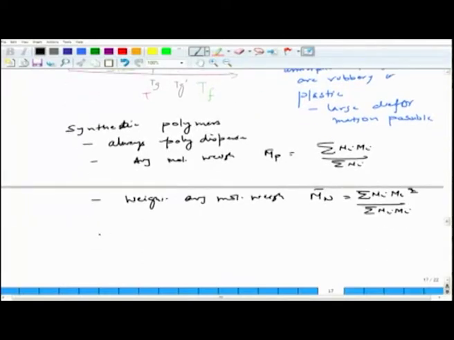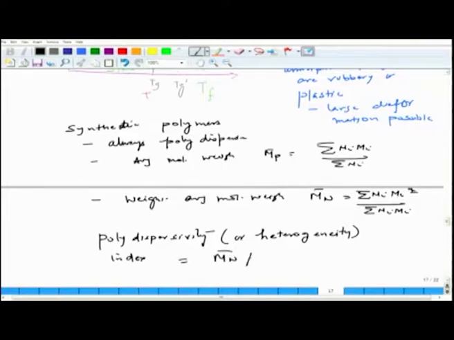And polydispersivity, sometimes also called the heterogeneity index, is given by Mw average over Mn average.